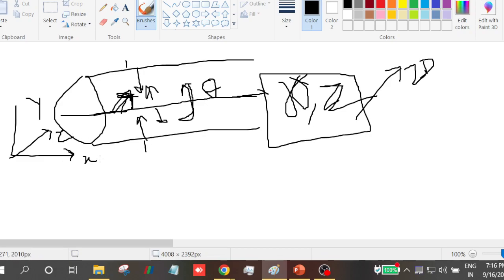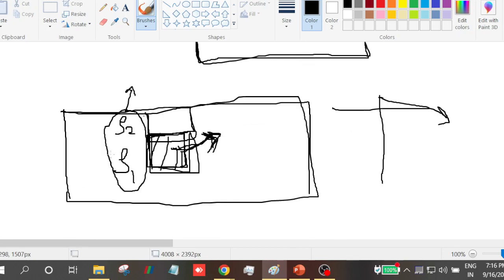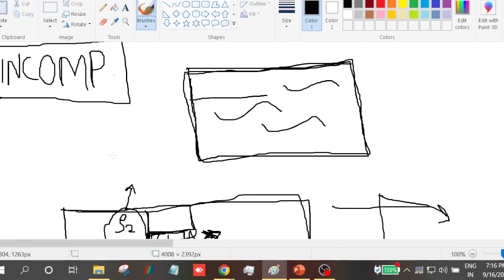So we were talking about 2D, 3D, and then we tried to understand the difference between incompressible fluid and incompressible flow. Incompressible fluid is just a property of the fluid wherein even if we consider the whole fluid, its density does not change on the application of pressure.